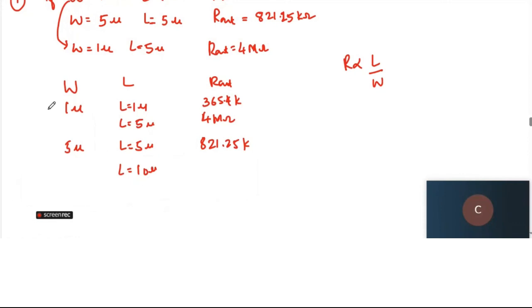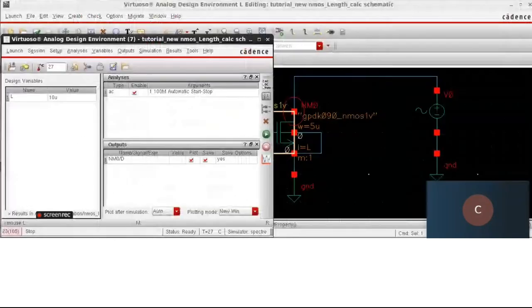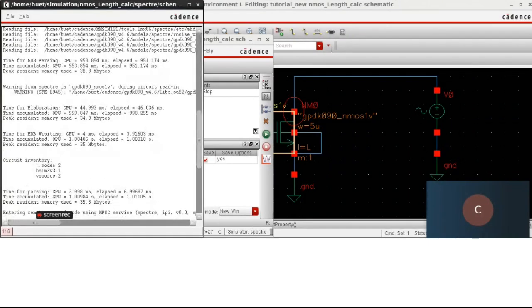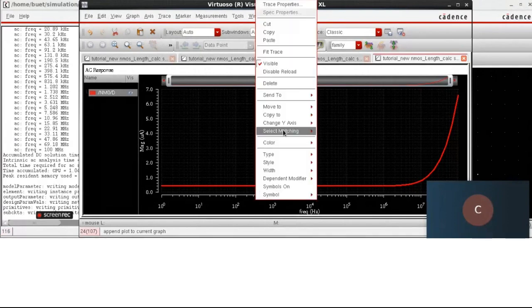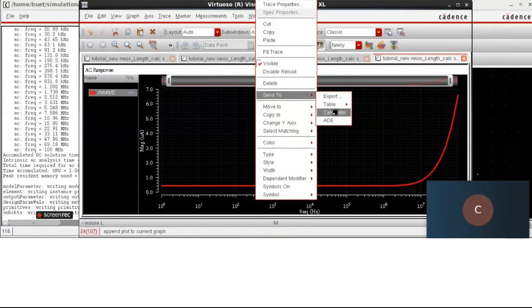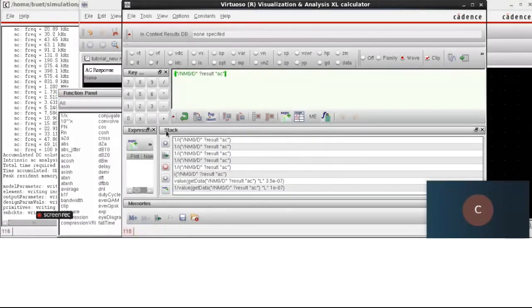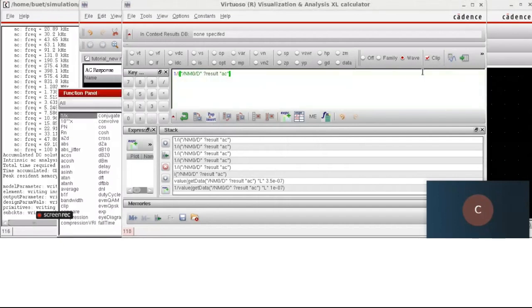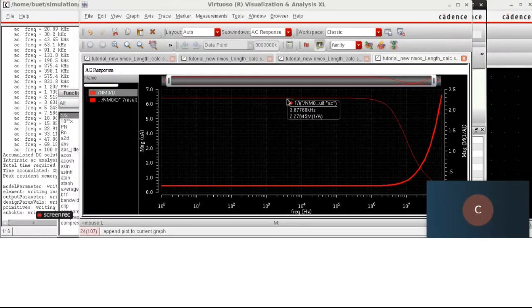L I'm keeping as 10, W as 5. Let's try to run it and send it to the calculator, and we'll take 1 over x of this. If you observe, it is even better. It is getting 2.27 mega ohm.